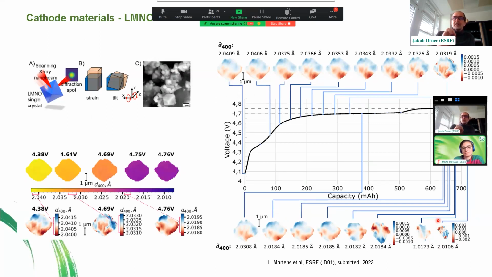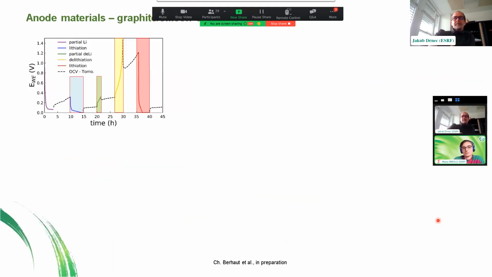It's very important to understand the longevity of the material and how they degrade. We can look at the anode materials. Now we have an experiment looking at the anode, which is typically graphite, and we're toying with composite electrodes, which is graphite mixed with silicon.